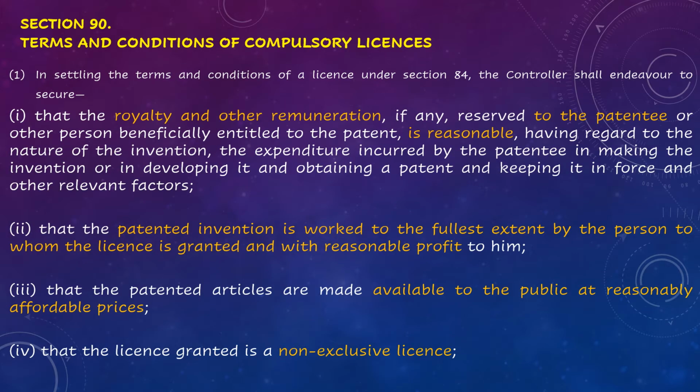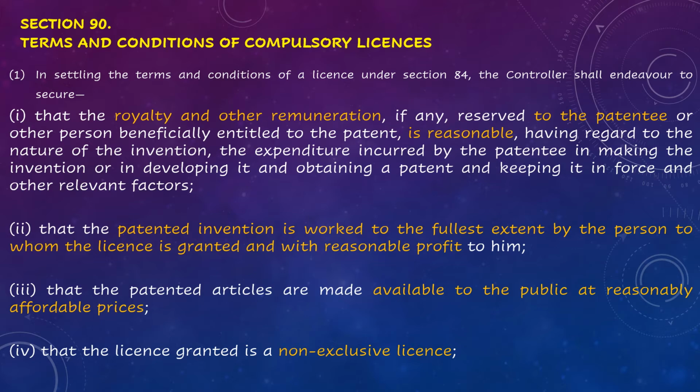Next, we are coming to Section 90, Terms and Conditions of Compulsory License. What are the terms and conditions that are related to compulsory license? Number 1, the royalty or other remuneration, if there is any, reserved to the patentee or other person entitled to the patent is reasonable.